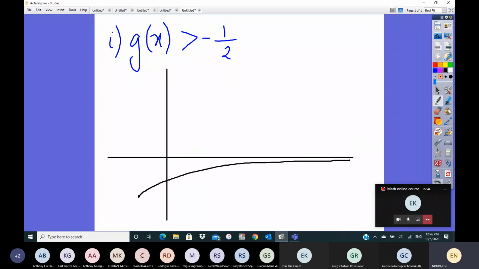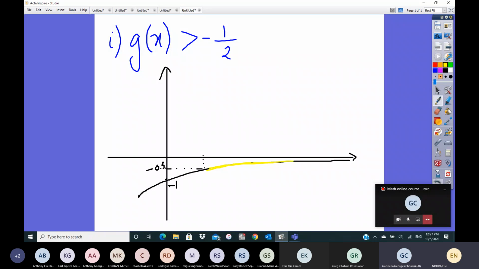This is the curve of G, right? And this is the minus half. This point here is minus half. If you drew the curve correctly, well done. So they want this portion, and I'm going to mark the portion in yellow.